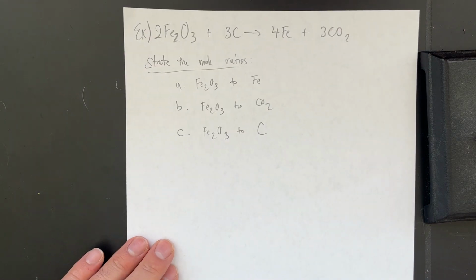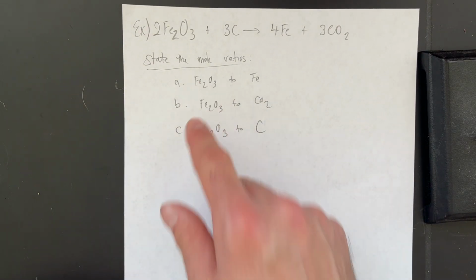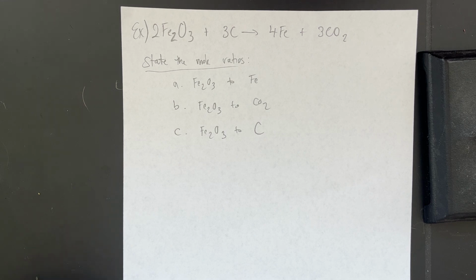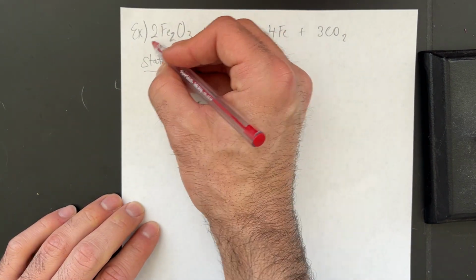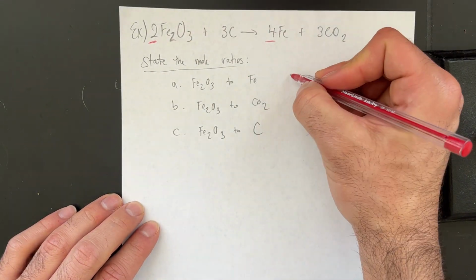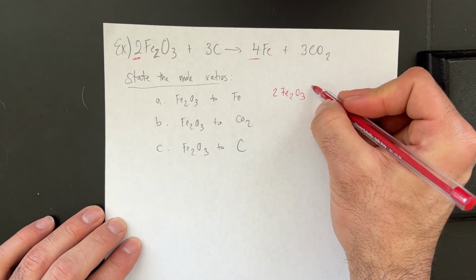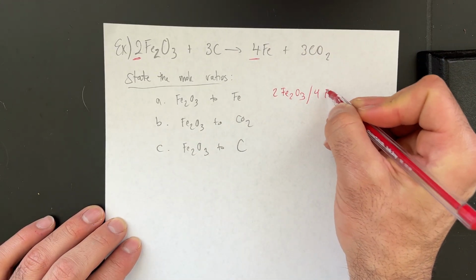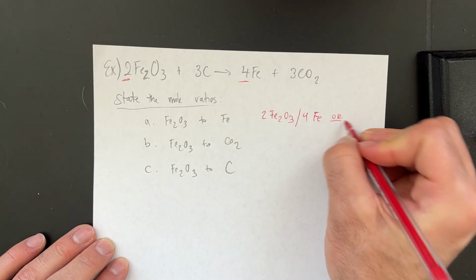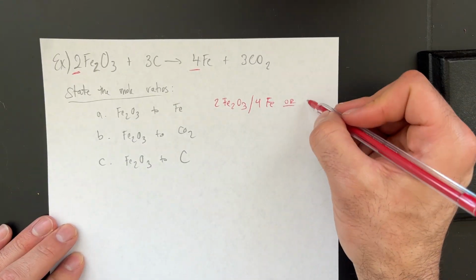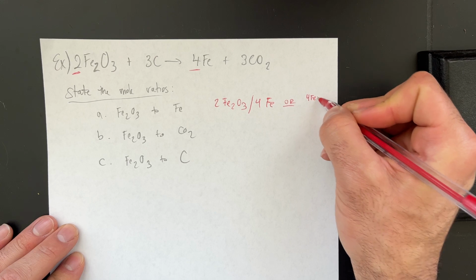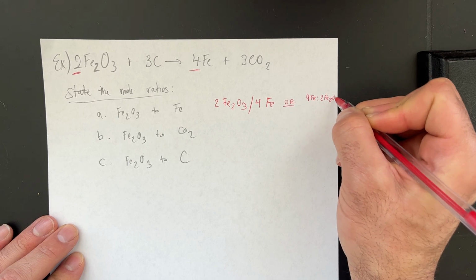Let's take a look at some examples. Taking this same equation, three example problems. What is the mole ratio between Fe2O3 and Fe? As we just did, we take a look at the coefficients. So it's 2 Fe2O3s per every 4 Fes. You could write it like this, or you could write it like this.